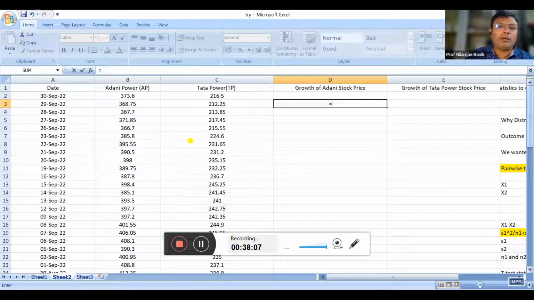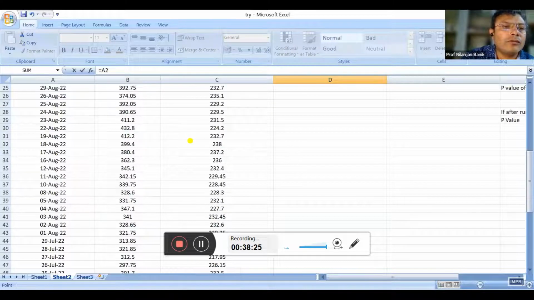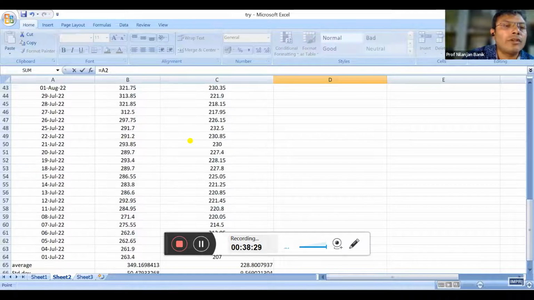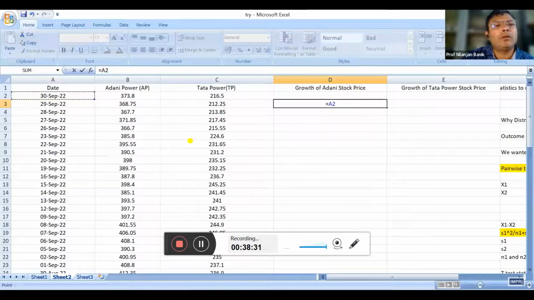Now here, how do I calculate the growth rate? Let's try to see which one is a better stock to invest in. If I were to invest between 1st July 2022 and 30th September 2022, again, as I said, this is the real-time data which I have collected.